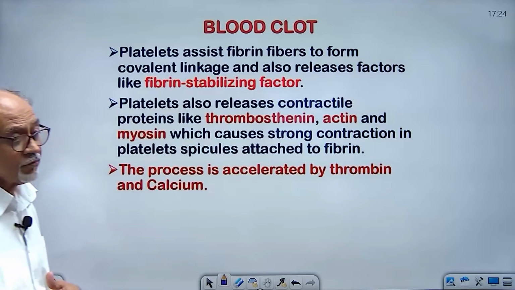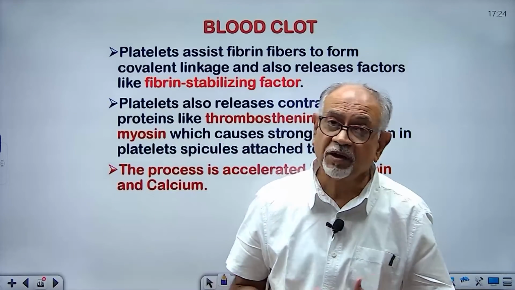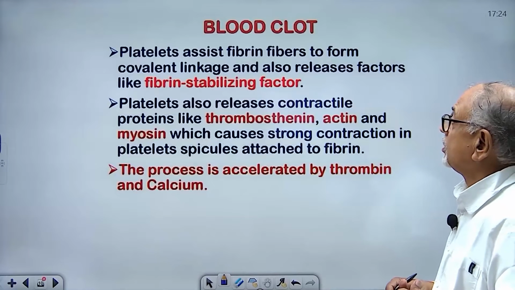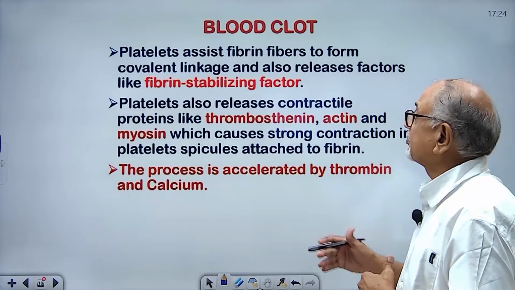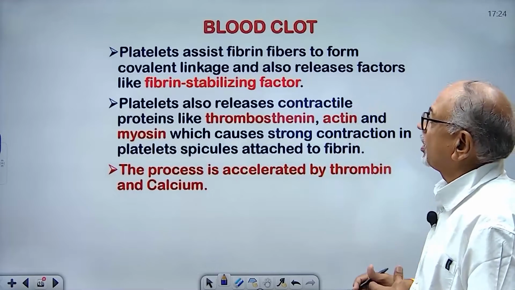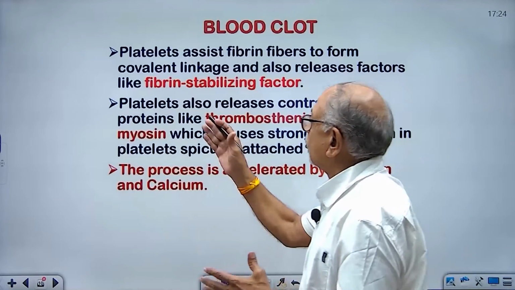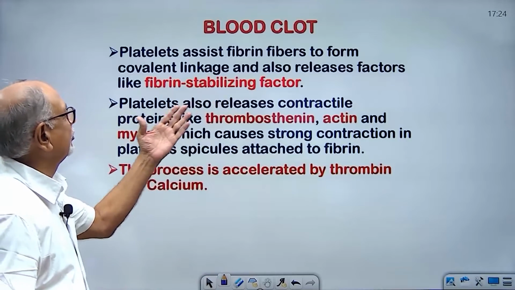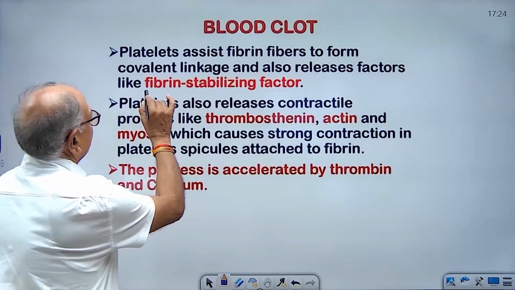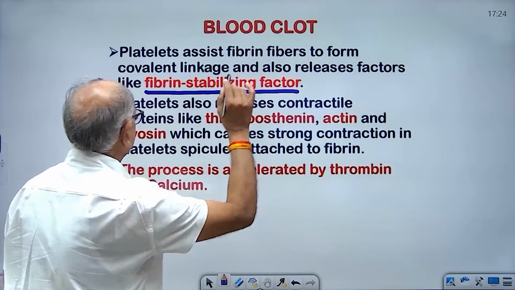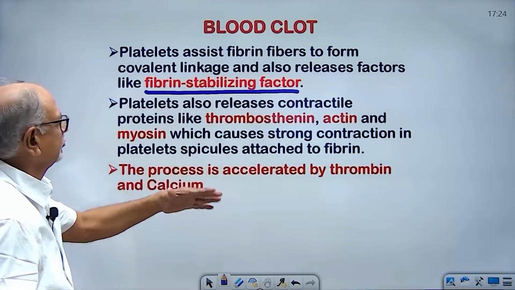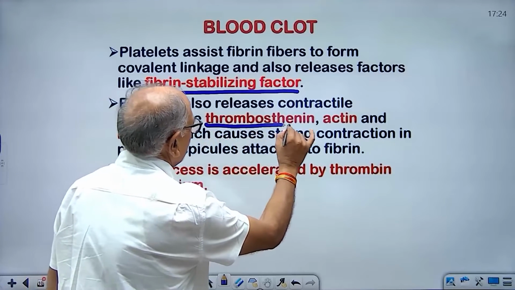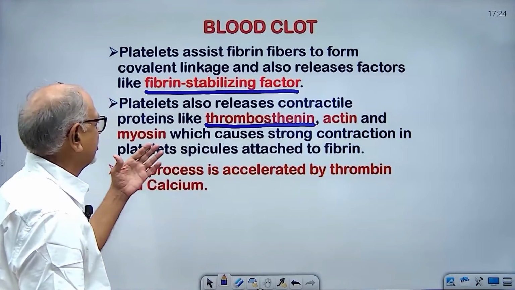Now, in the process of clot formation, blood platelets play a very important role. The platelets assist fibrin fibers to form covalent linkage and also release a factor like fibrin stabilizing factor. Platelets also release contractile proteins called thrombostatin, actin and myosin.